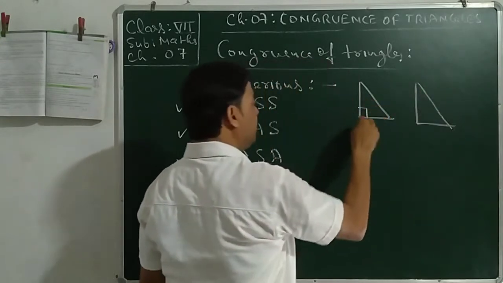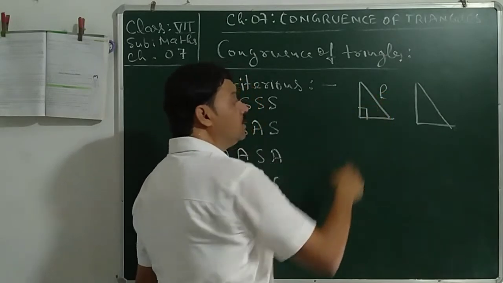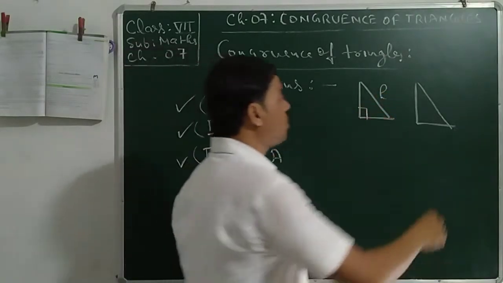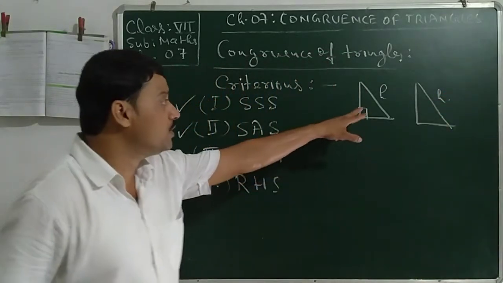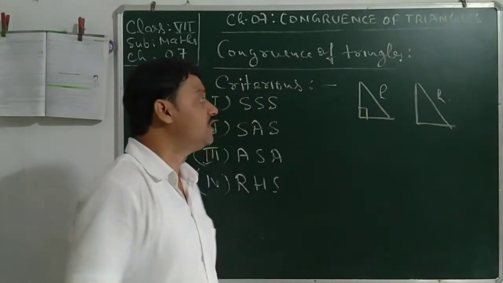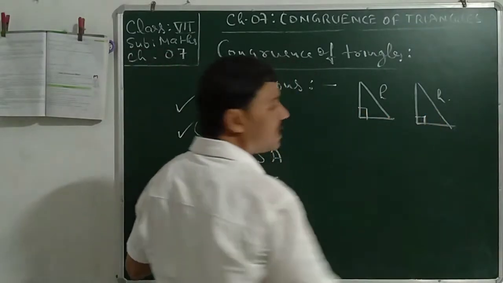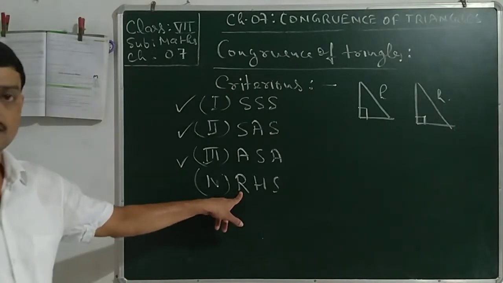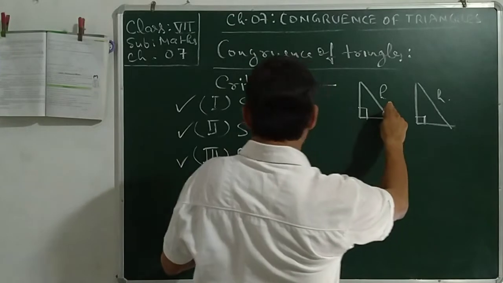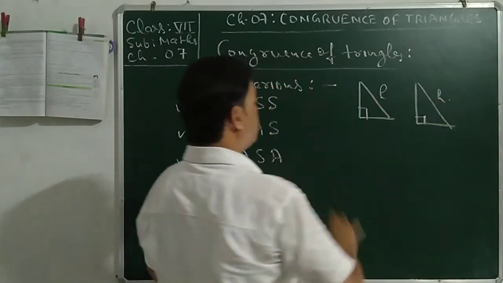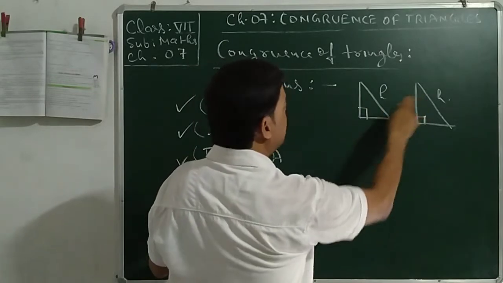In a right angle, the side facing the right angle is called the hypotenuse, or this one is the hypotenuse. If this hypotenuse is equal and right angle is equal, R is there, that means right angle, of course both the right angles are equal, they measure 90 degrees, and hypotenuse is equal. If either of the sides matches, this side is equal to this or this side is equal to this.